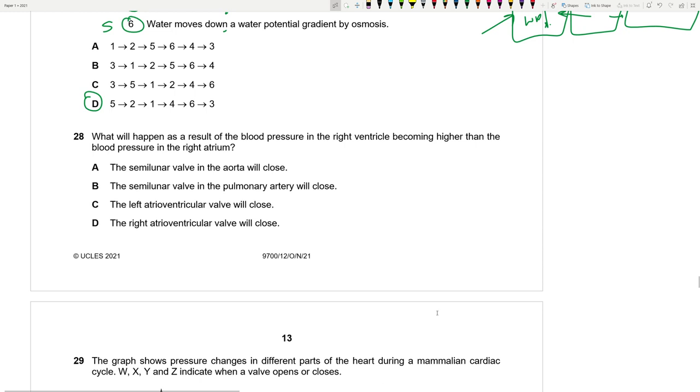So for 28, when the pressure in the right ventricle exceeds the pressure in the right atrium, due to this increased pressure, the valves between them will close. The valve between the chambers on the right side of the heart is the tricuspid valve. So that's the right atrioventricular valve, so that will close, due to the increased pressure.